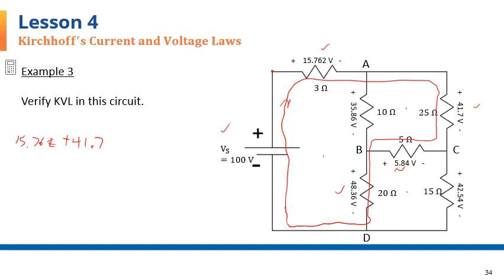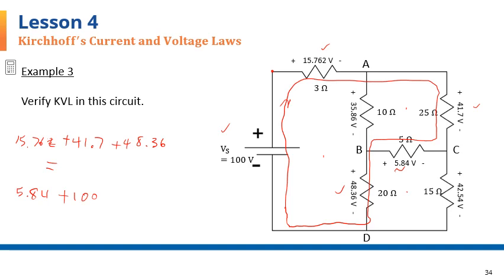So the voltage rise of 5.84 goes here, voltage drop of 48.36 goes with those, and finally voltage rise of 100 goes on the right hand side. So these two have to add up to be the same, 105.84. And if you add these together, you should also get 105.84.